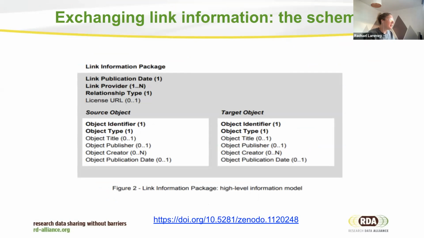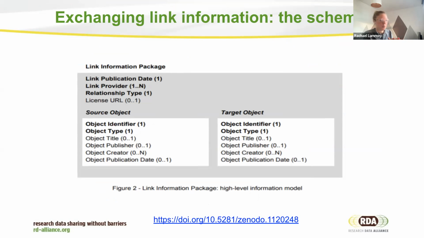The schema itself, the way that we've implemented it at Crossref, we've tried to keep fairly simple. There's a source object that you can identify using, in our case, the DOI. There's the target object.